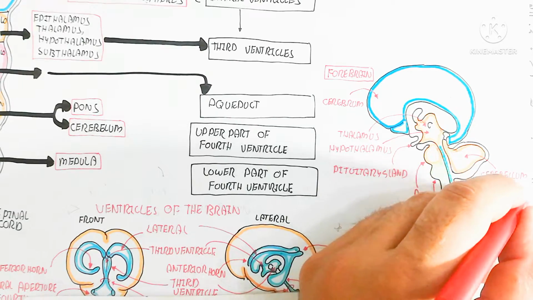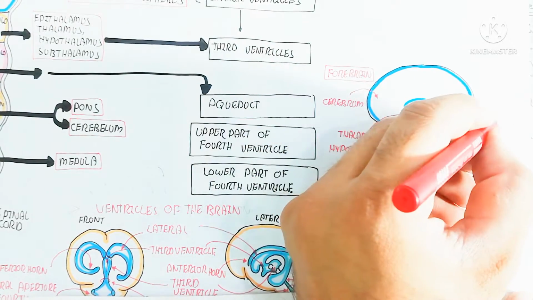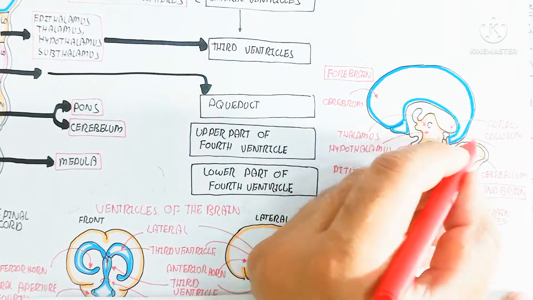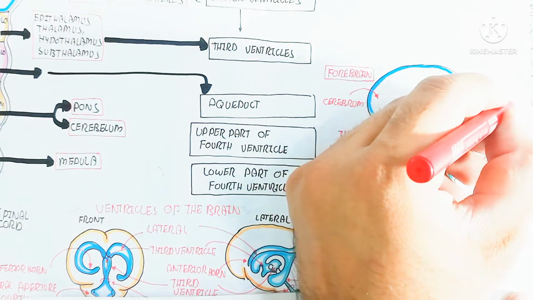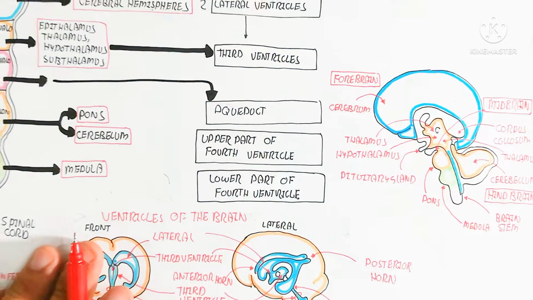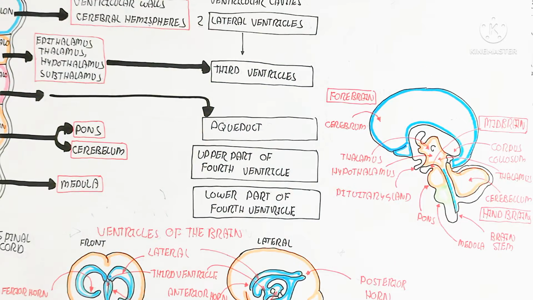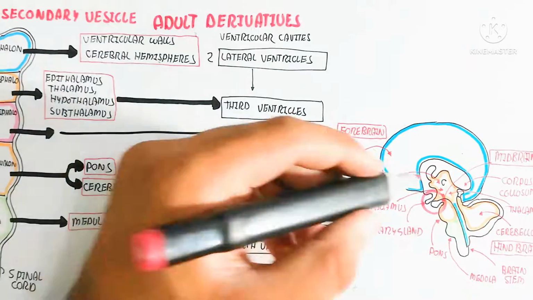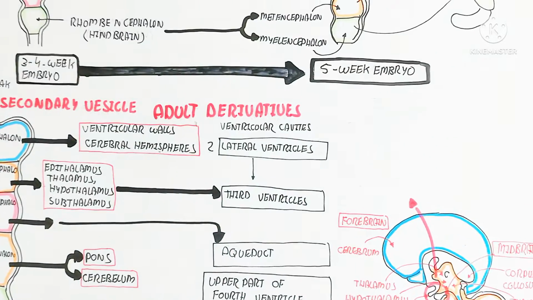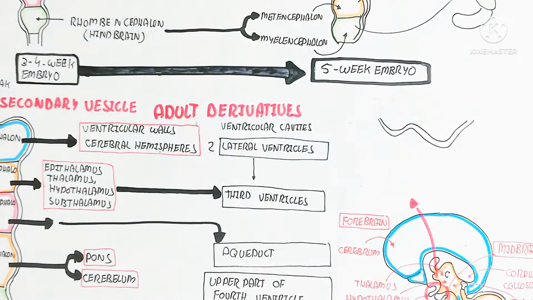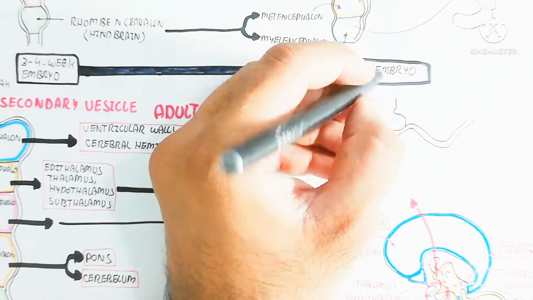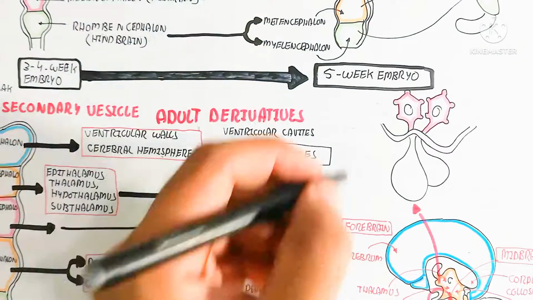The important thing you need to understand is the forebrain: the prosencephalon develops the forebrain. And this is the midbrain, which is produced by the mesencephalon, and this mesencephalon will develop the upper part of the ventricle.